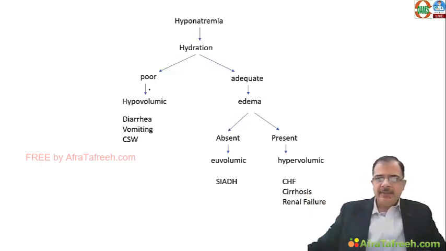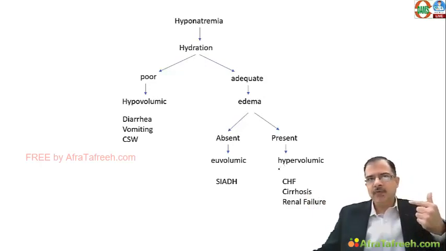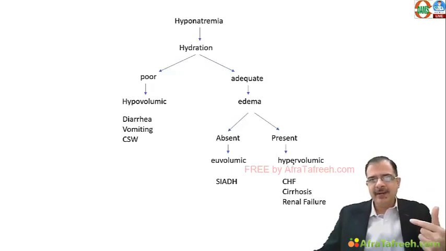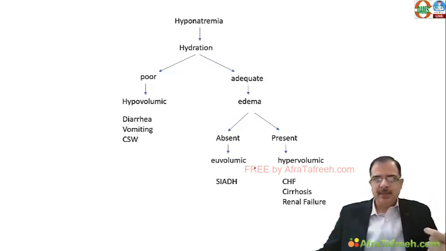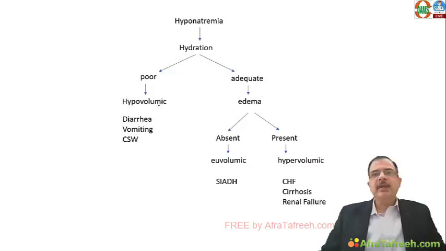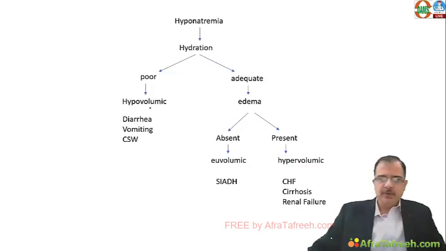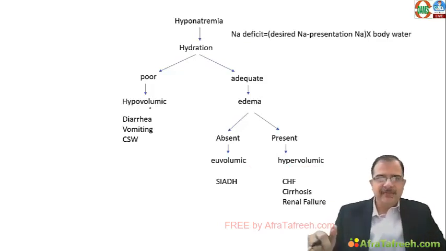In cases of euvolemic and hypervolemic hyponatremia, the mainstay of treatment will be water restriction, which will improve the condition. While in cases of hypovolemic, IV fluid should be given. And how should the IV fluid be given?